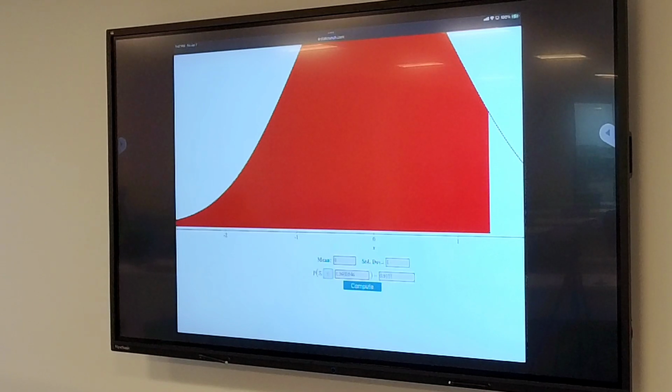I'm looking for a z-score, so the number I want will come out in that box. See how this picture matches this picture? The pictures match, so I know I've got it configured right. 1.36.